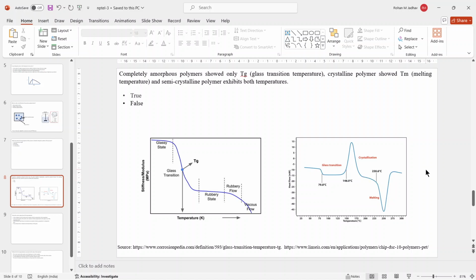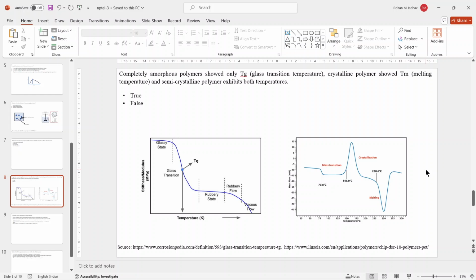Okay. So the heat flow inside the DSC can be up or down in the sense of the curves which are shown of a DSC scan. It can be either on the basis of an endothermic process or an exothermic process. So based on that, the direction of these peaks can change.